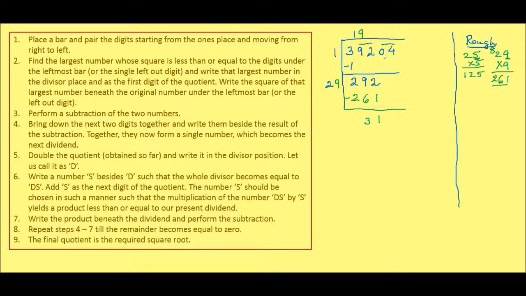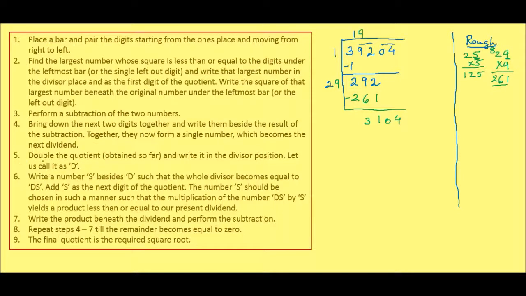So we bring down the next two digits together. They are 0 and 4, and write them beside the result of the subtraction. This becomes our new dividend. Together they now form a single number 3104, which becomes the next dividend.